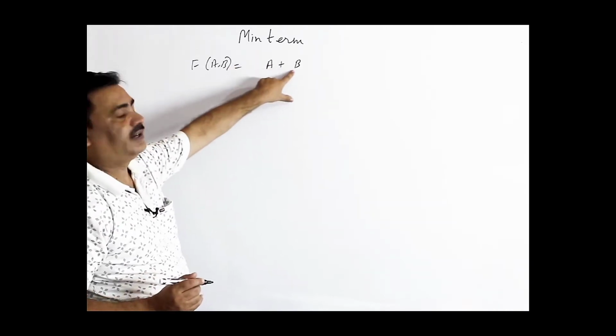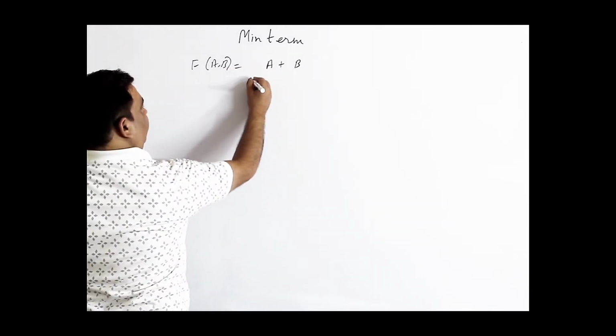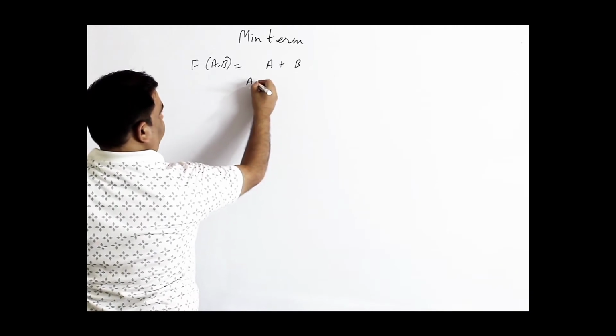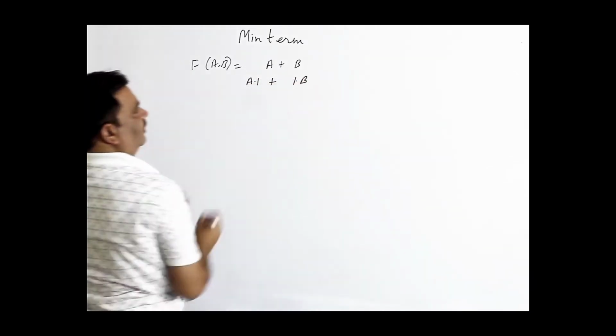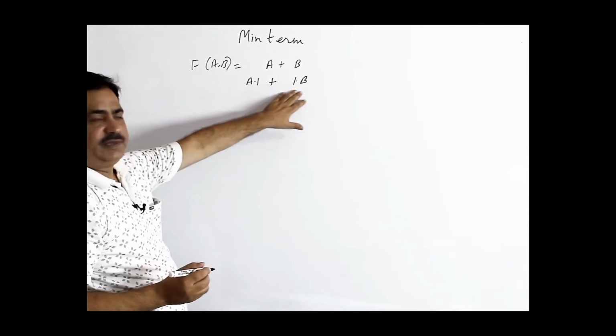So, b is missing, and here a is missing. So, we can write a dot 1 and here we can write 1 dot b. A dot 1 is a, 1 dot b is b.